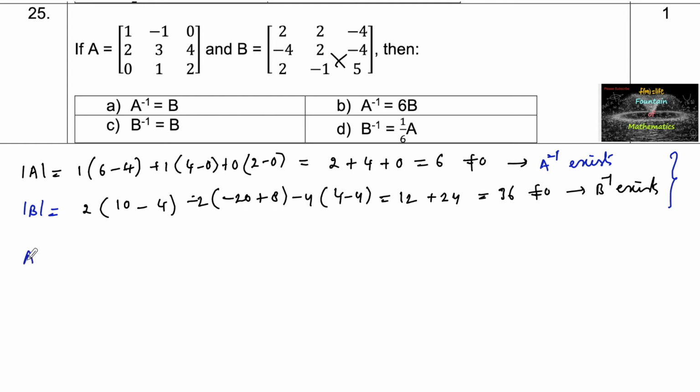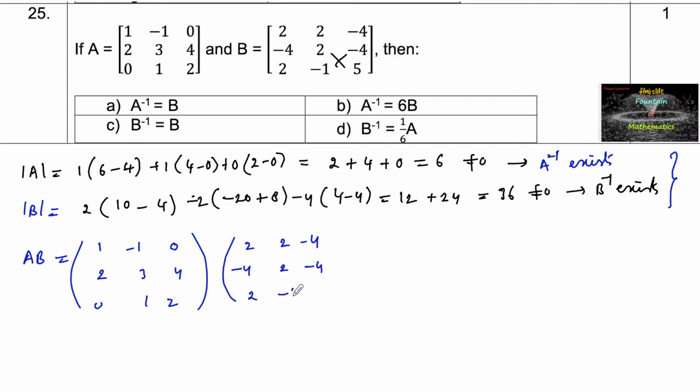Now let us find AB. AB is equal to [1 -1 0; 2 3 4; 0 1 2] multiplied with [2 2 -4; -4 2 -4; 2 -1 5], which equals to, so multiplication is row with the column.